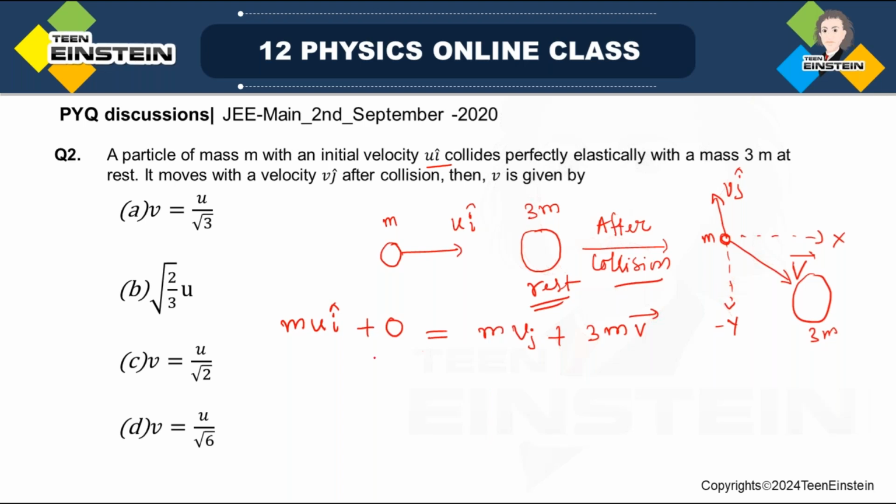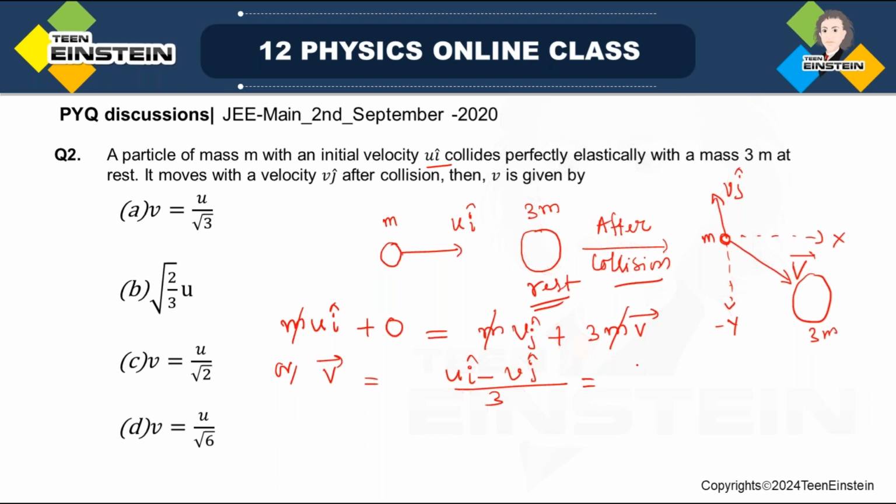From here, m I can strike from everywhere. So this vector I'll get as u i minus vj cap, actually vj cap divided by 3.